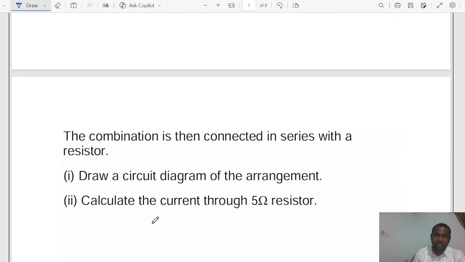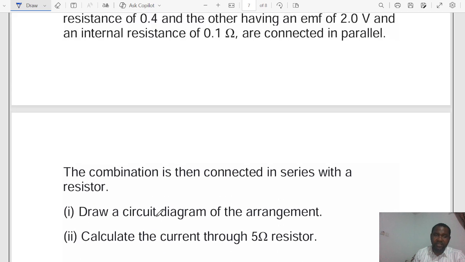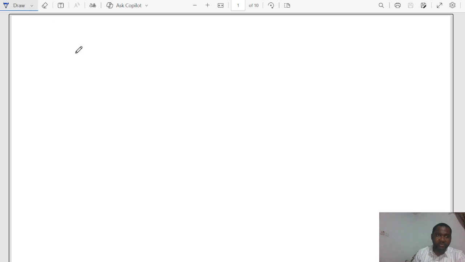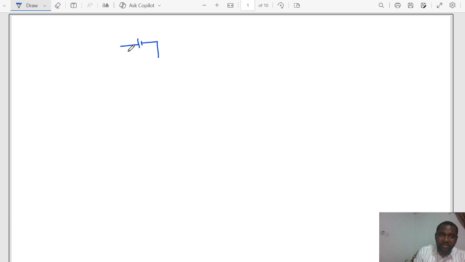Draw the circuit diagram of this arrangement. Quite easy. You have two EMFs like this. This is a cell and this is another cell. The first one has EMF 2.0 volts and internal resistance 0.4 ohms. This one also is 2.0 volts and internal resistance is 0.1 ohms.